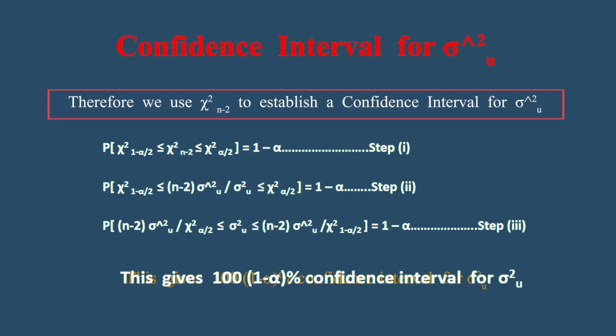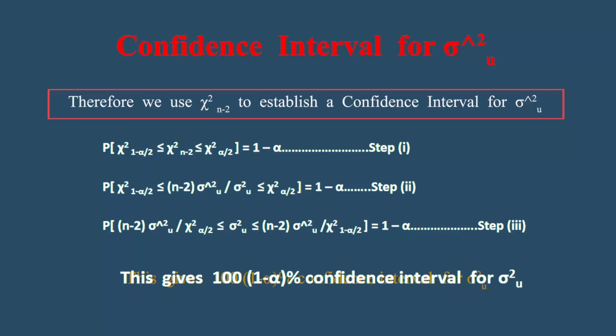Now in step 2, we are substituting the expression of chi square n minus 2, which is given by n minus 2 sigma hat square u divided by sigma square u. That means in the middle part of this chi square, we have substituted the expression, and other things are unchanged, and that also lies within the upper bound and the lower bound.